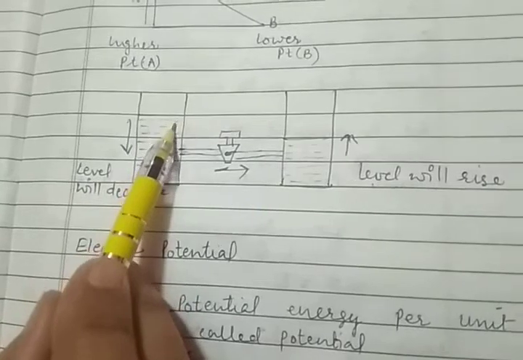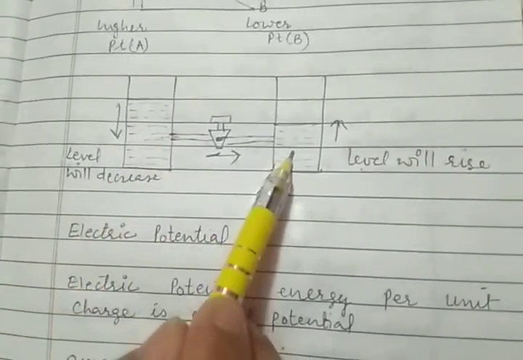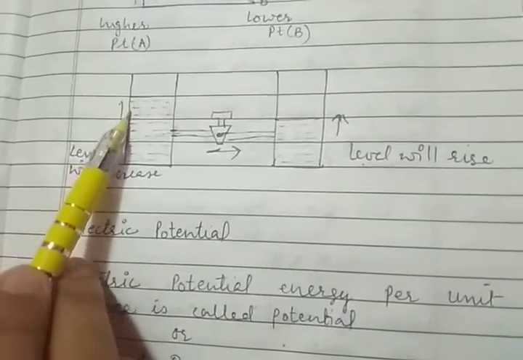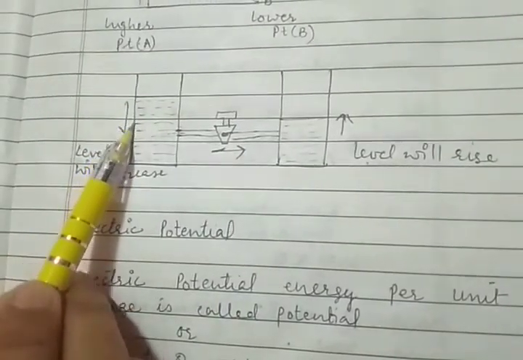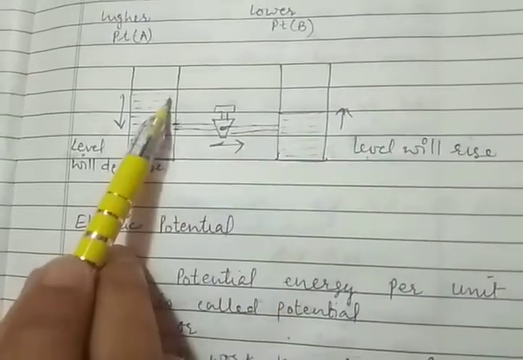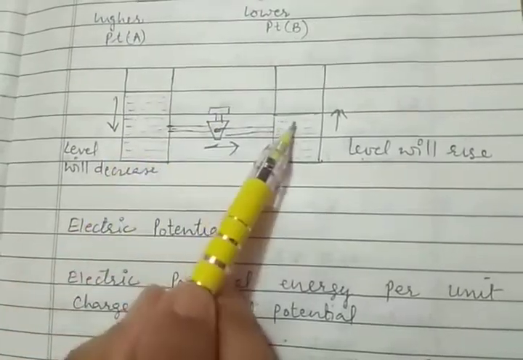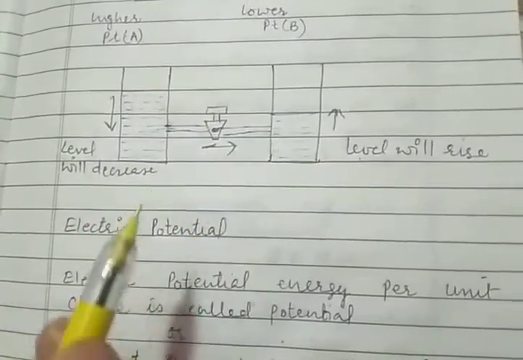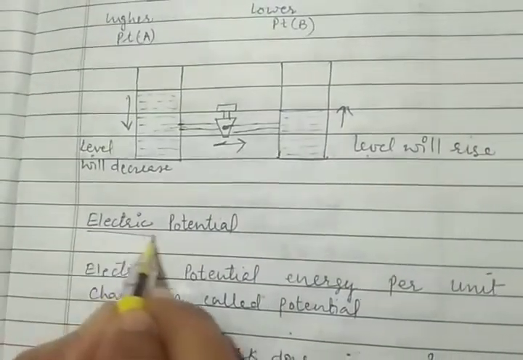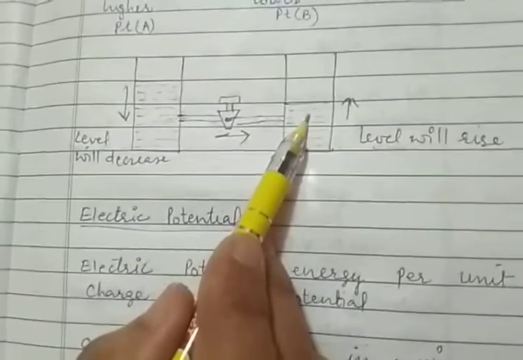The water will start flowing from this higher level to this lower level. The level in this jar will decrease, and in this jar the level will increase. It means the water is flowing from the higher point to the lower point. Similarly, the potential flow is from the higher potential to the lower potential.